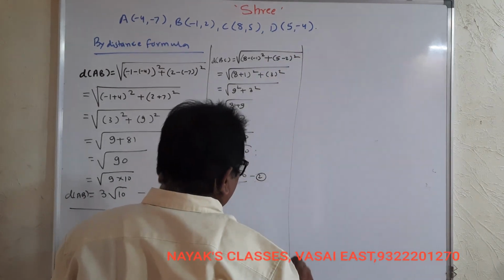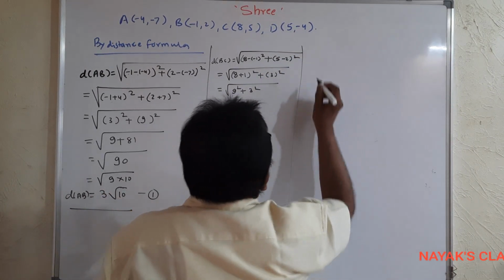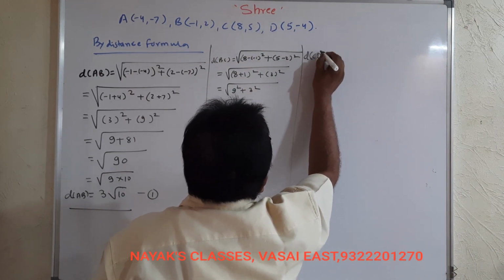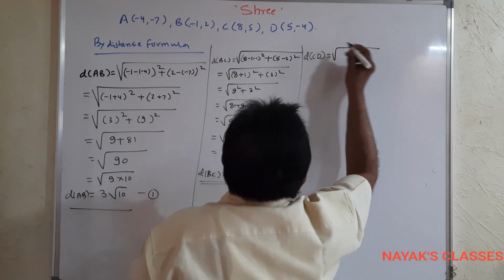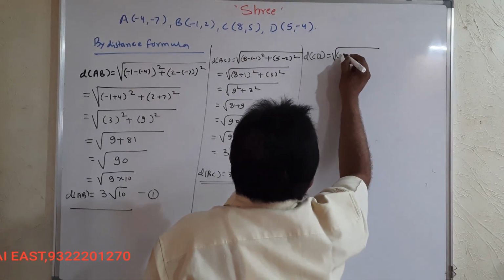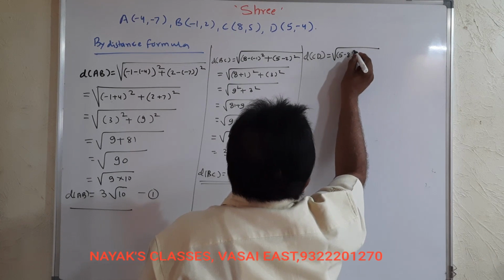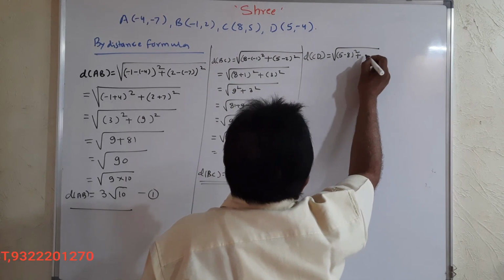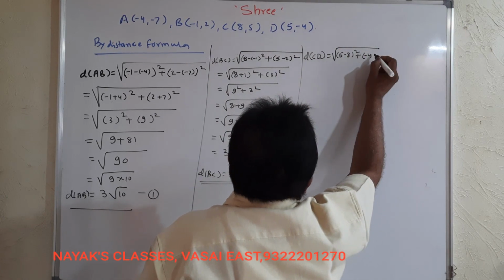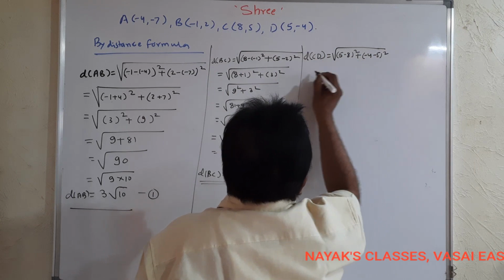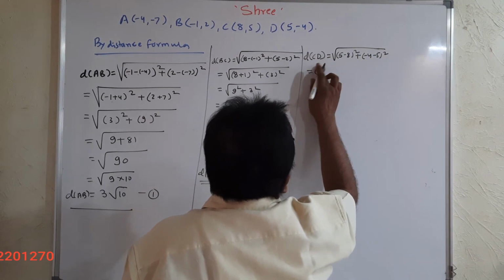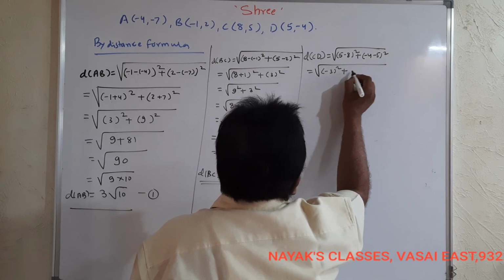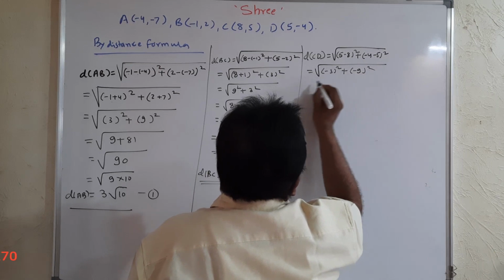So third one, distance CD equals under root (5 minus 8) the whole square plus (minus 4 minus 5) the whole square, which is equal to minus 3 the whole square plus minus 9 the whole square.